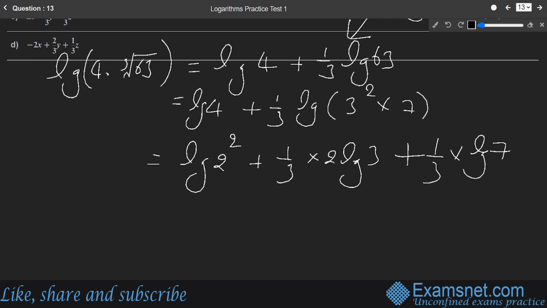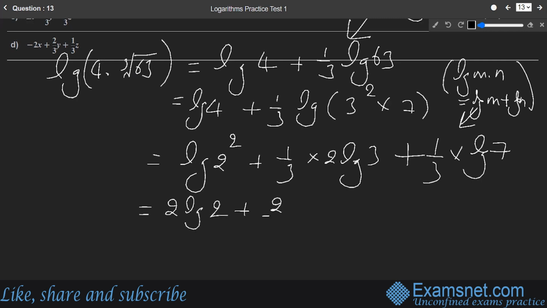But what property has been used here? The property called log mn is equal to log m plus log n. This particular property has been used here. So this can be written as 2 log 2 plus 2 by 3 log 3 plus 1 by 3 log 7. This is how it can be broken down.